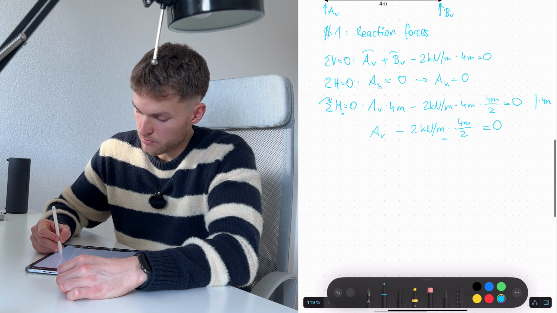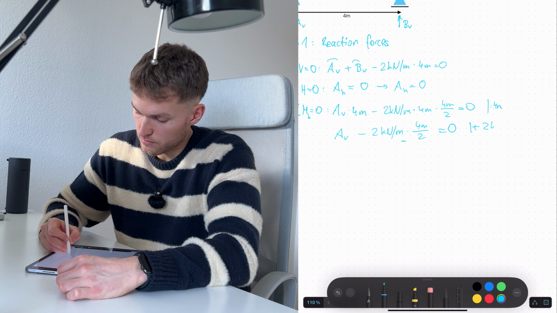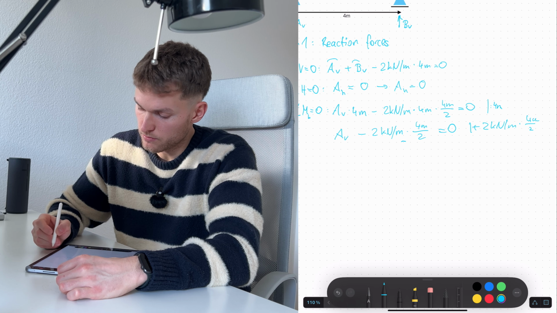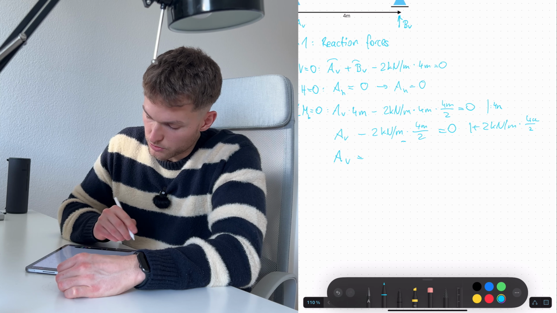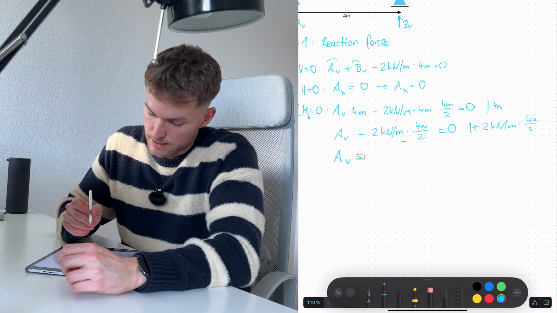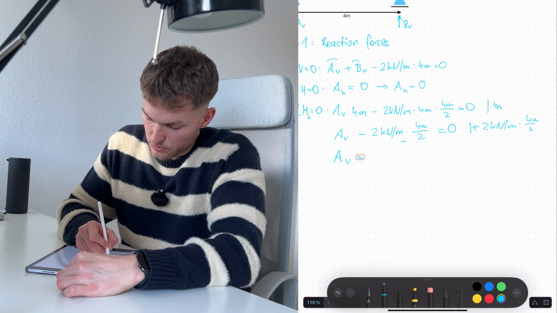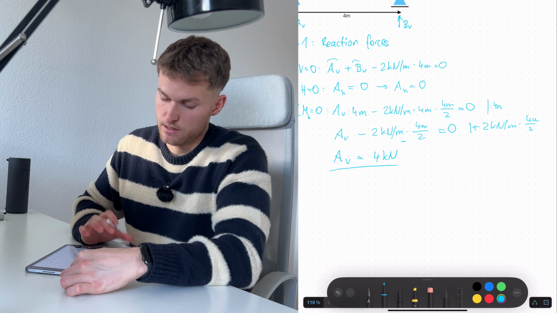Now we say plus 2 kilonewton per meter times 4 meter divided by 2, and we can solve AV, and that equals 2 kilonewton per meter times 4 meters. That is 8, so then we have 4 kilonewton for AV.